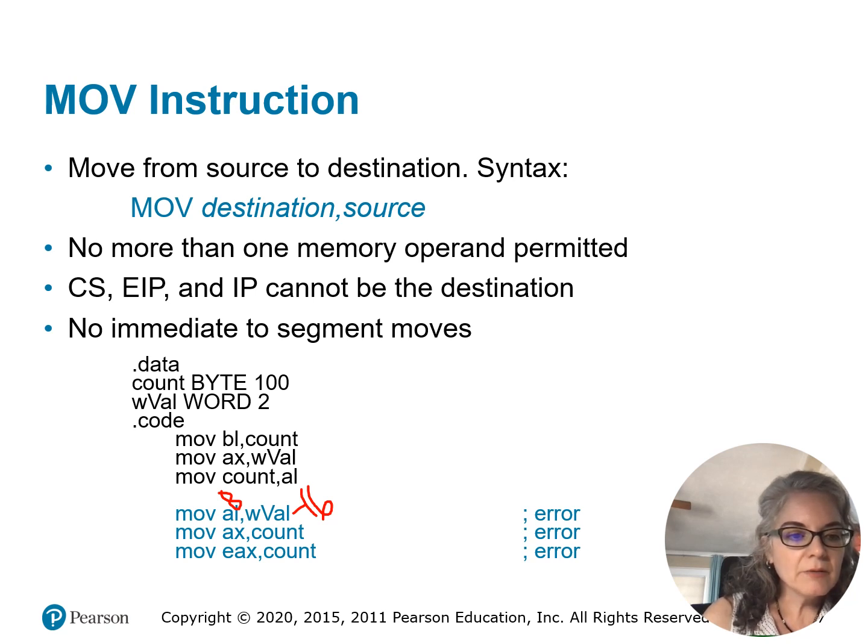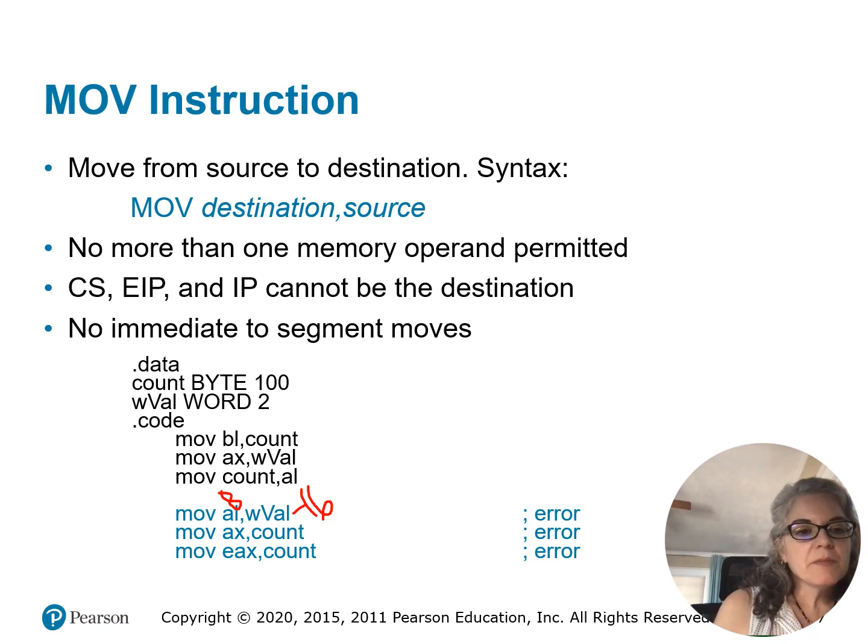Then count is a byte, AX is 16 bits or 2 bytes. So again, these do not match in size. And then this is 32 bits and count is 1 byte. Not going to work, 8 bits and 32 bits. So all these are different sizes.